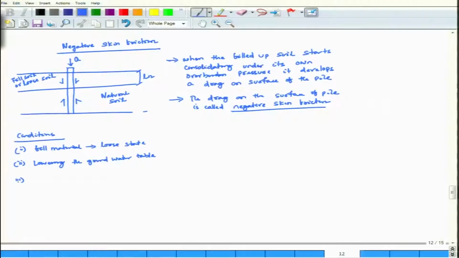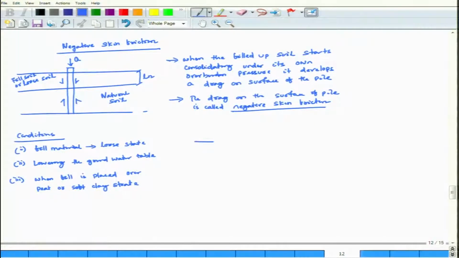Also, when fill is placed over peat or soft clay strata. So, these are the conditions when negative skin friction occurs.